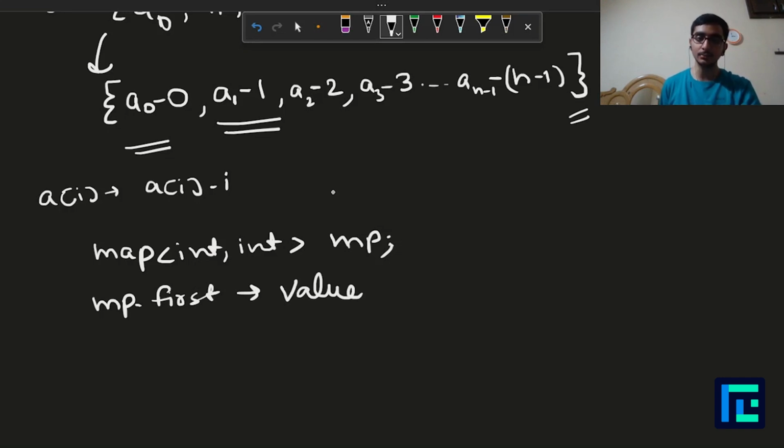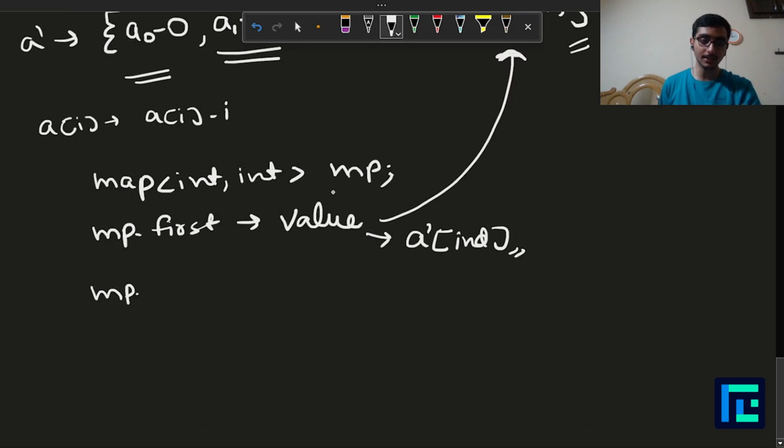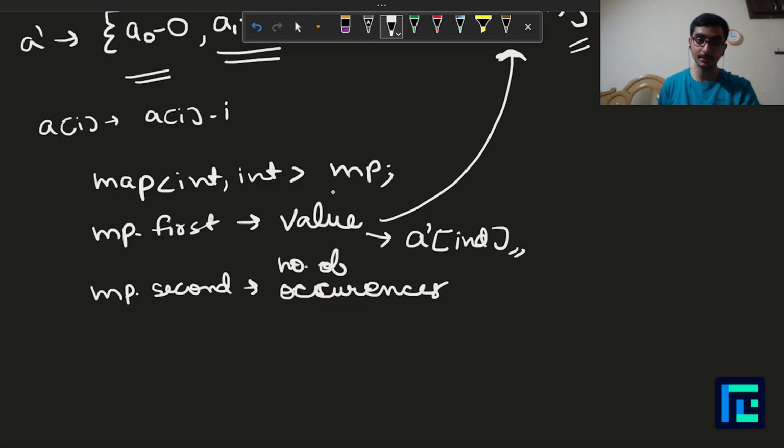Okay. And this value is a value in this array, this new array. Let's call this A dash, right? So this value would be A dash of some index, right? And mp.second would be the number of occurrences of this value that is stored in dot first. So this is how I store information in my map.